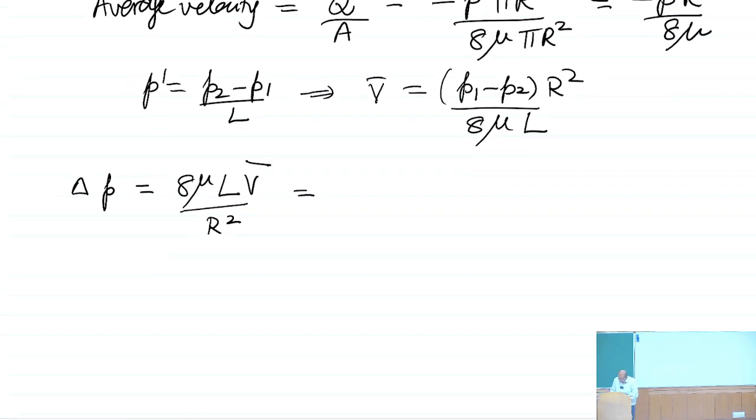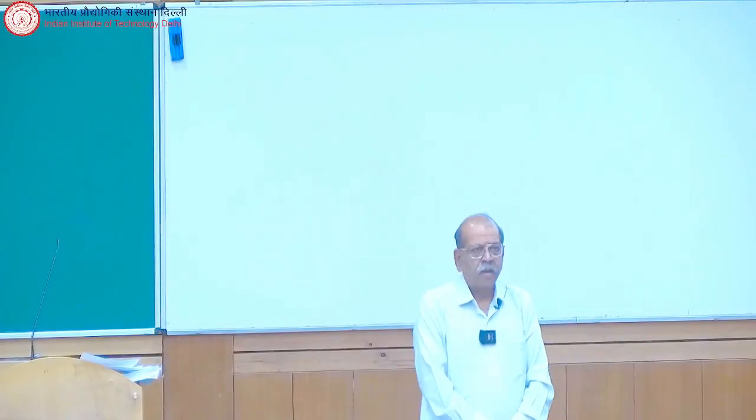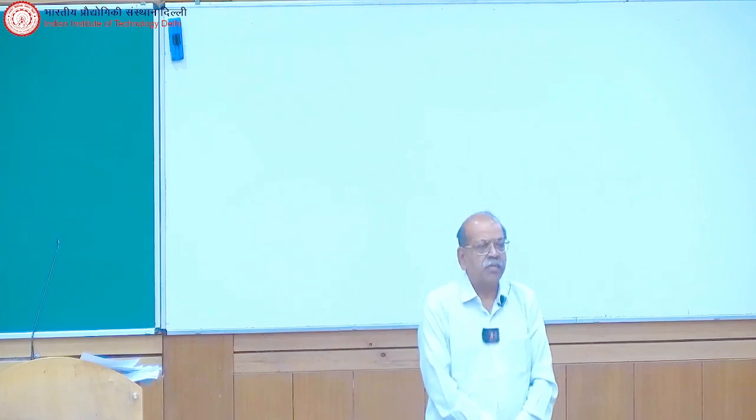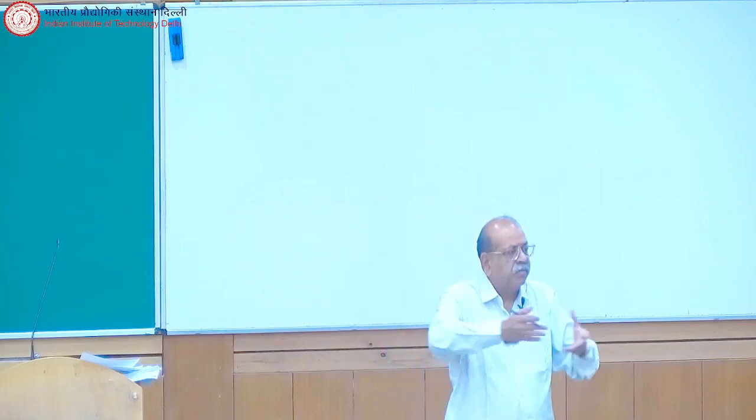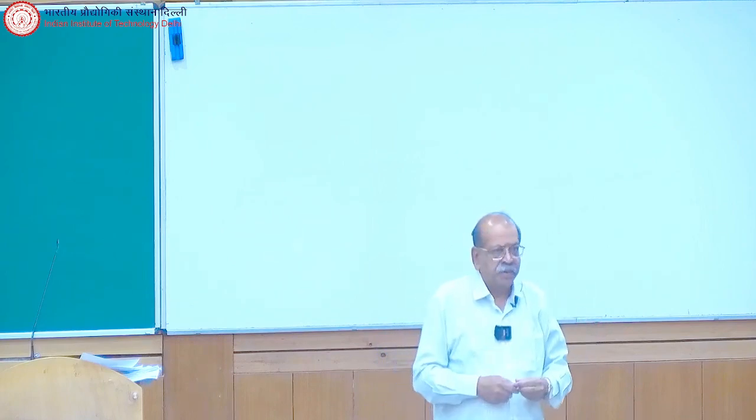Now, the other thing we can find, and which we need to find, is the shear stress on the surface of the pipe. If we integrate that, we will get the full force which the flow is exerting on the pipe.